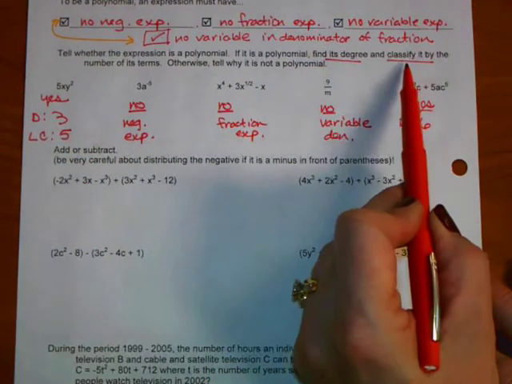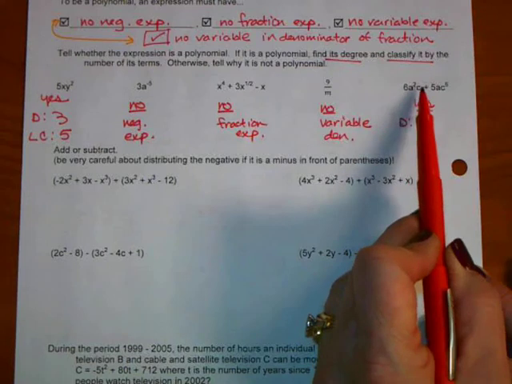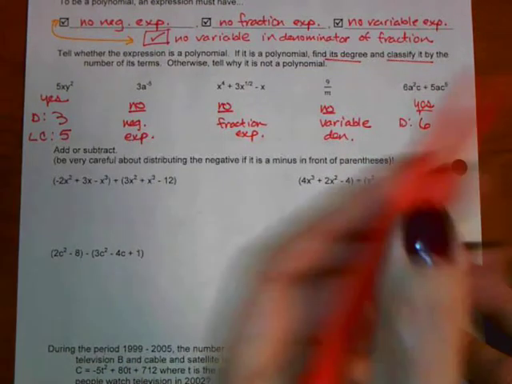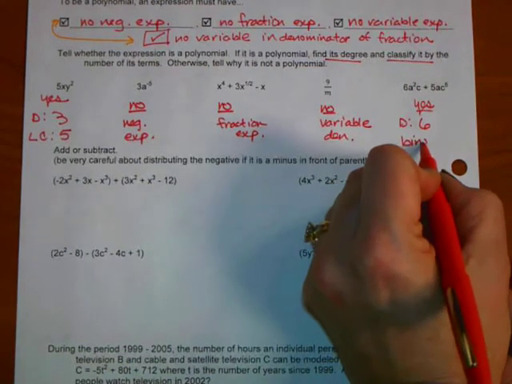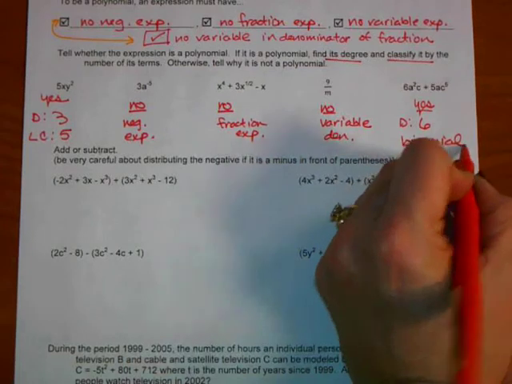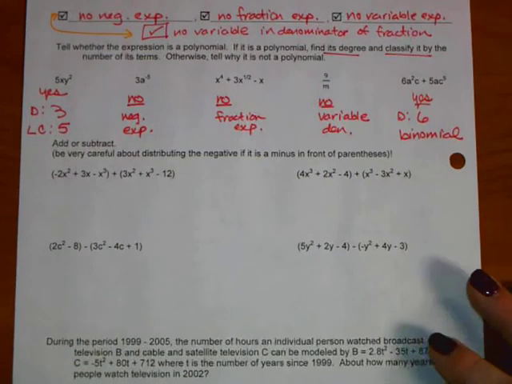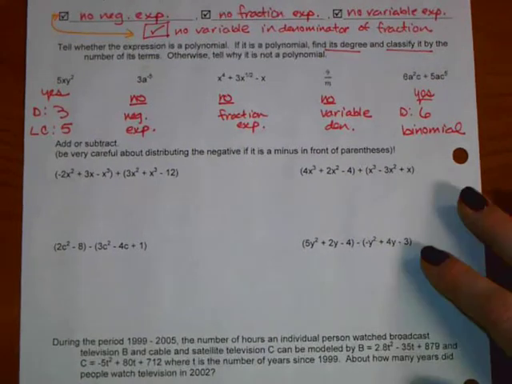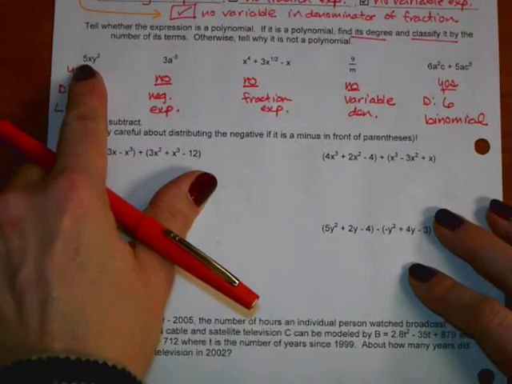We just had to classify it. So how many terms are in this one? 2, so we could call it a binomial. That's classifying. It could also be called a polynomial. This one would be just a monomial.